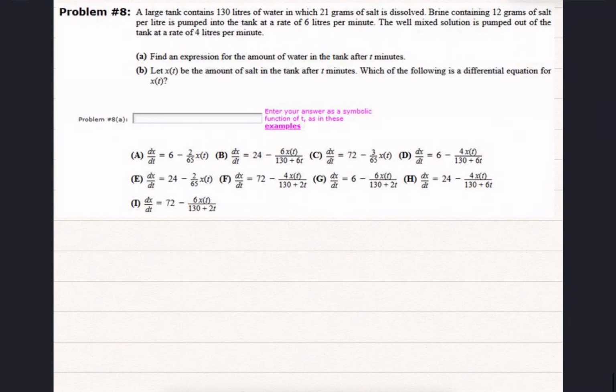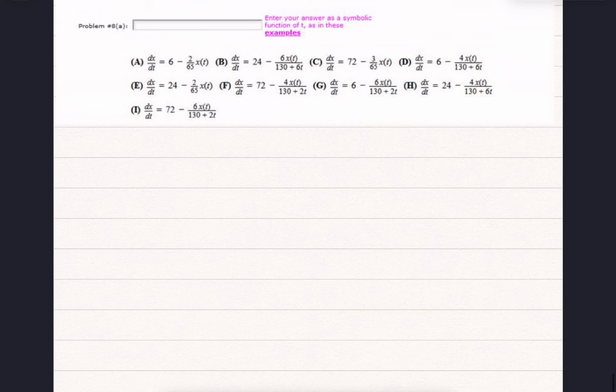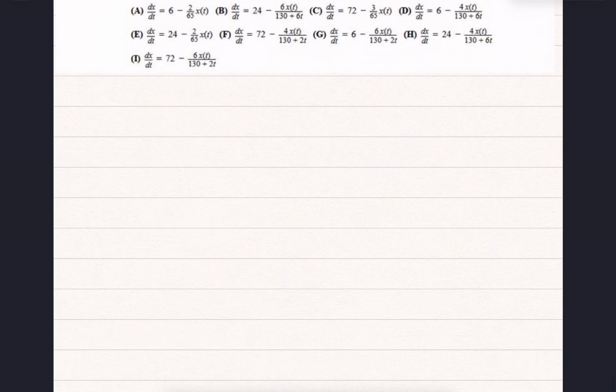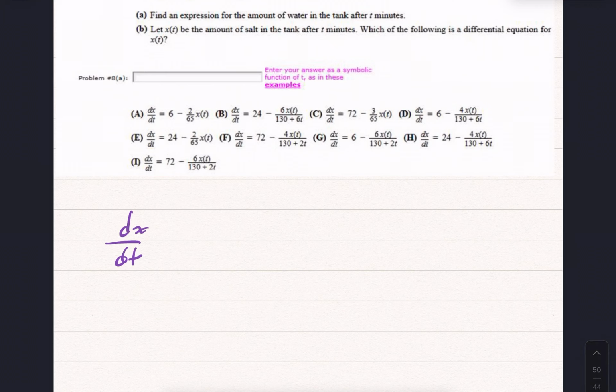All right. So generally for these questions, there's a big formula, not a big formula, but an important one that you have to know, which is dx by dt. I remember it. It is dx by dt equals R in minus R out. I'm just going to flip the page on my notebook. Okay.